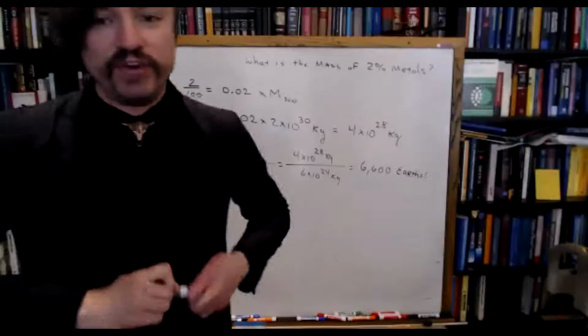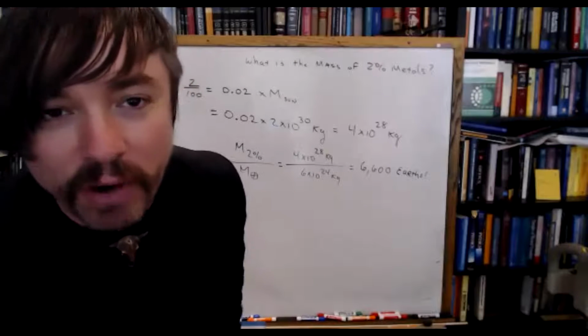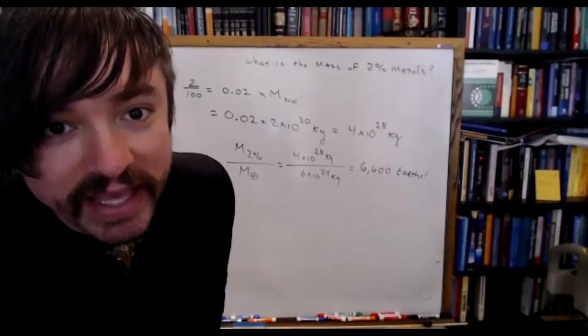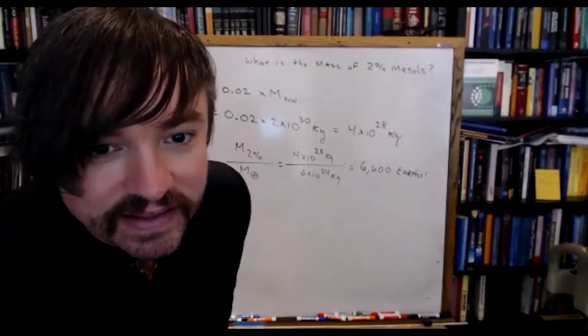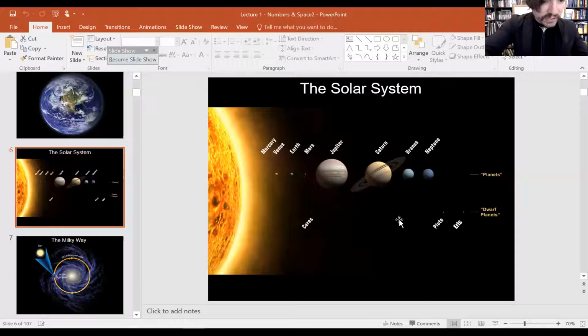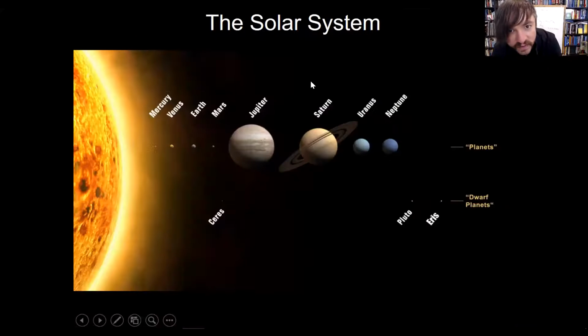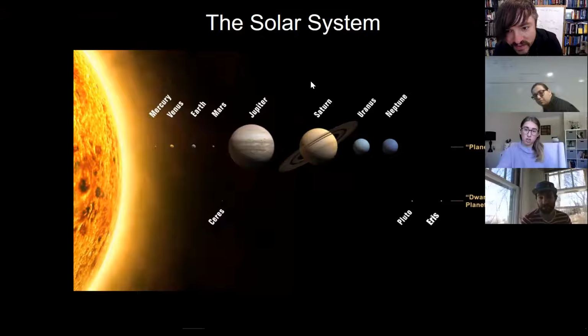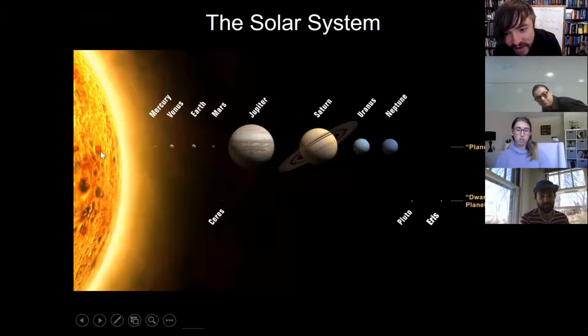Oh, yeah. If you could extract the 2% metals from the sun and smush them down into a ball or several balls, you could make another 6,000 to 7,000 planets in our solar system. After all, that's kind of like what the solar system is. The solar system is the sun, its gargantuan mass, and the other planets, why, they're part of the 2% metals that didn't quite make it down into the sun.